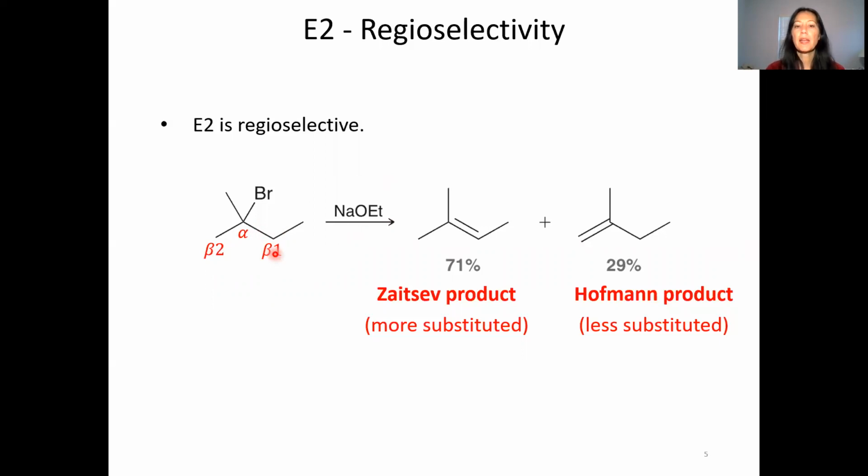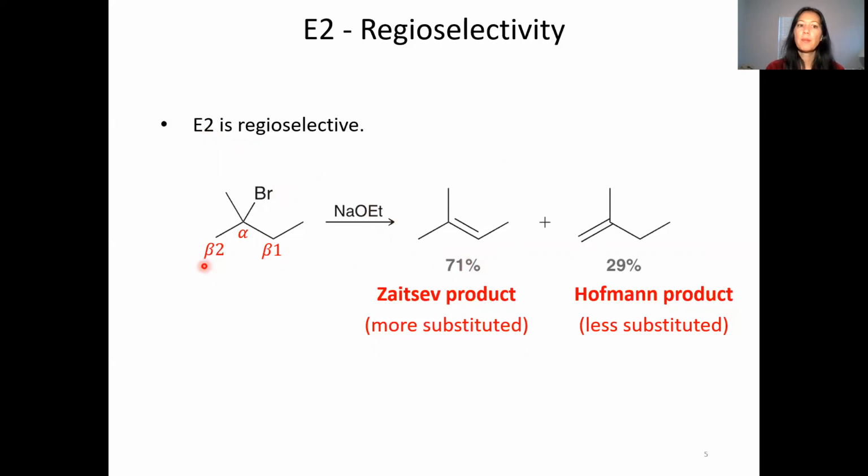Preferentially, you will get the more substituted Zaitsev product because the more substituted alkene is more stable. It'll end up having a lower transition state, so easier to climb that hill, lower activation energy. So the sodium hydroxide will deprotonate here, form your pi bond, kick out bromide in a concerted fashion if this is E2, and you'll get this product.